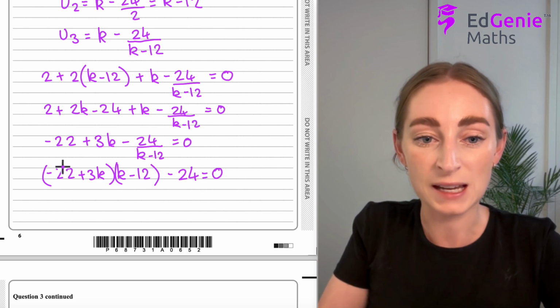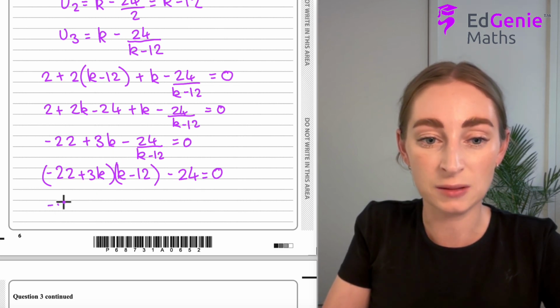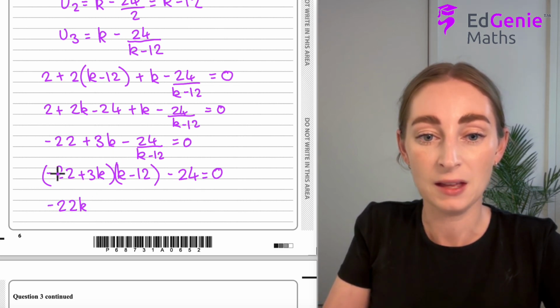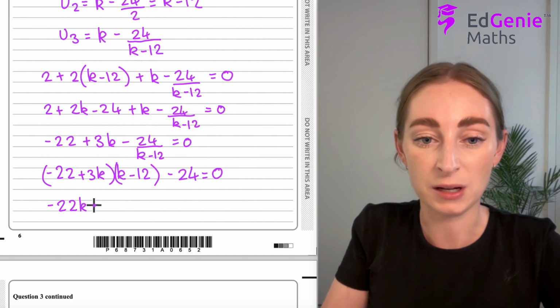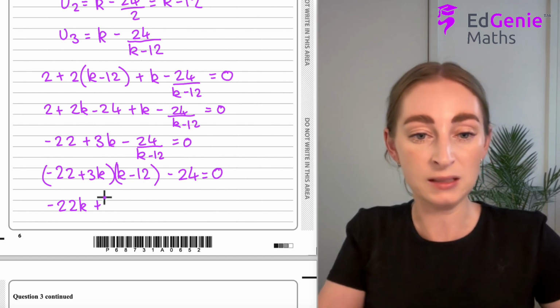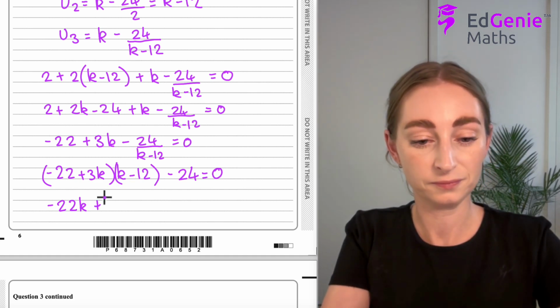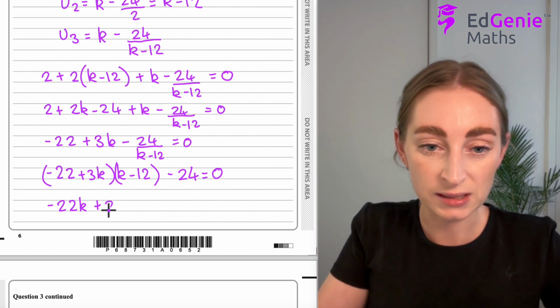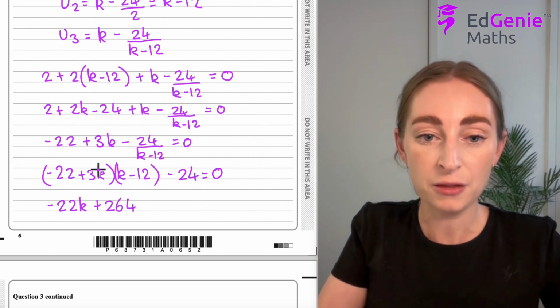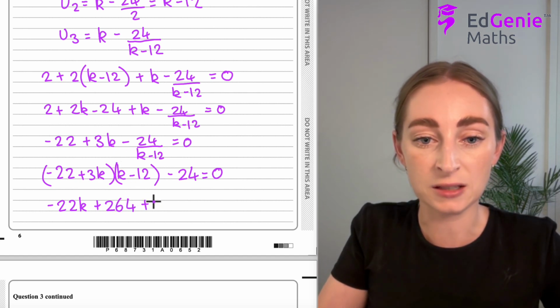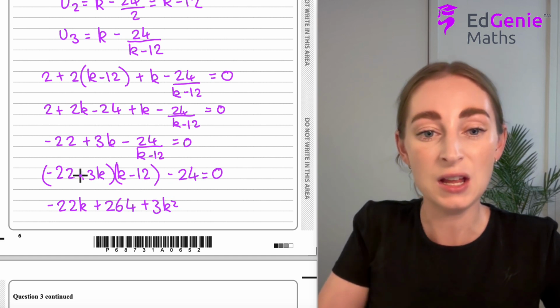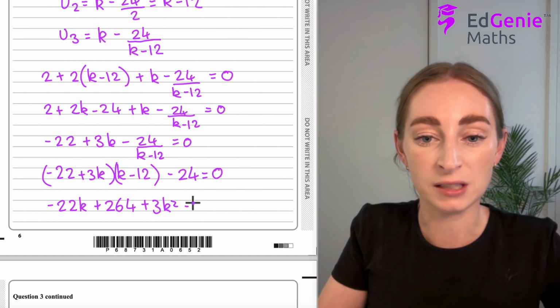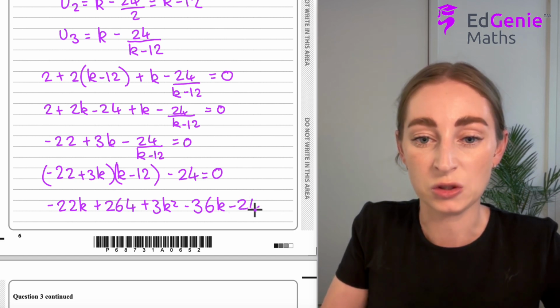Right, let's multiply this out. 22 times k, minus 22 times minus 12 is going to be positive 264. 3k times k is going to be 3k squared. 3k times minus 12 is going to be minus 36k. And we've also got that minus 24.